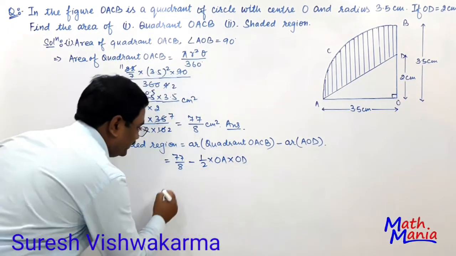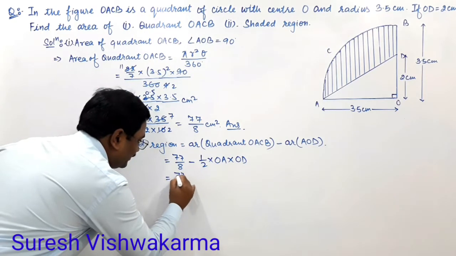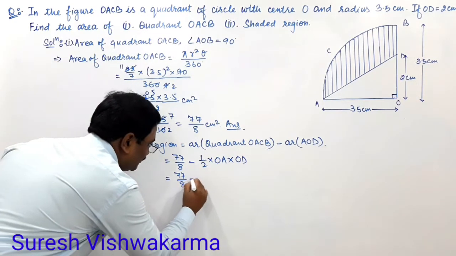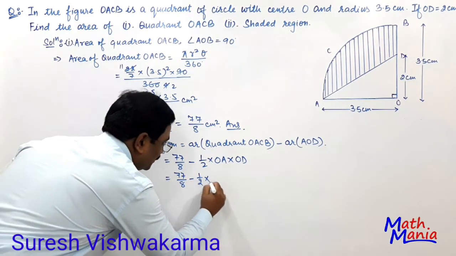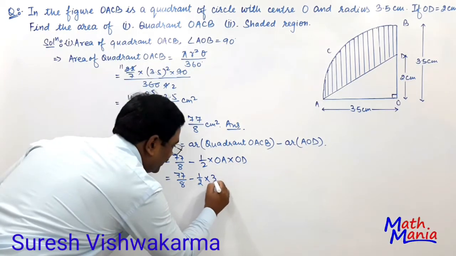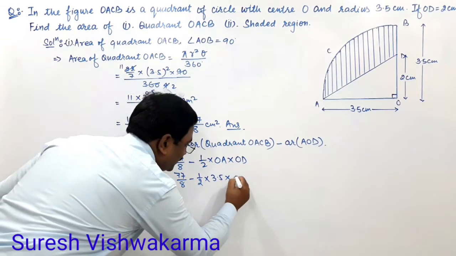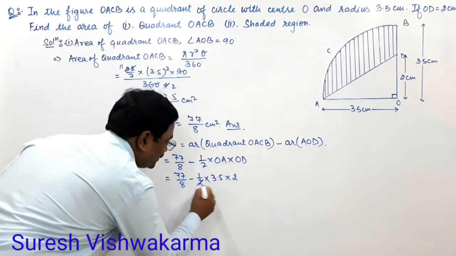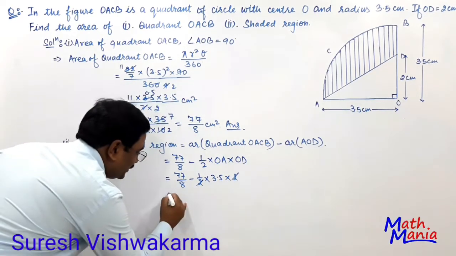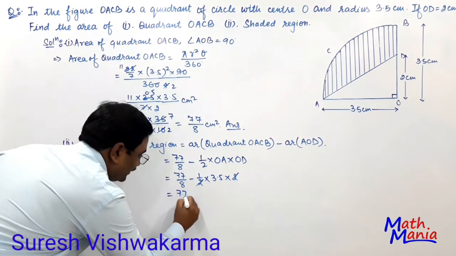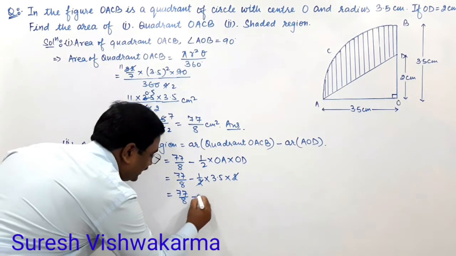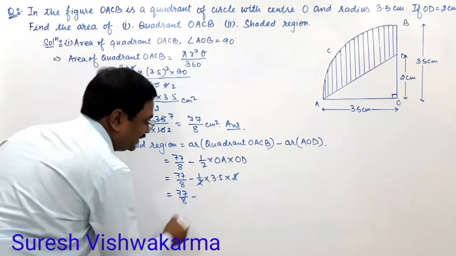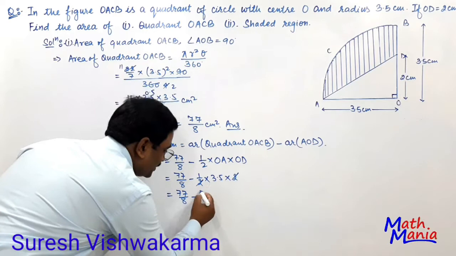So 77/8 minus 1/2, base OA is the radius 3.5 and OD is 2. So the 2 is cancelled. You got 77/8 minus 7/2.